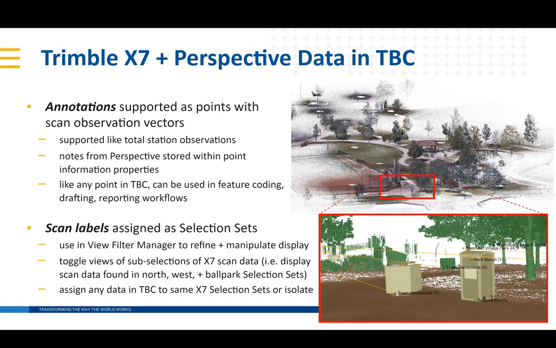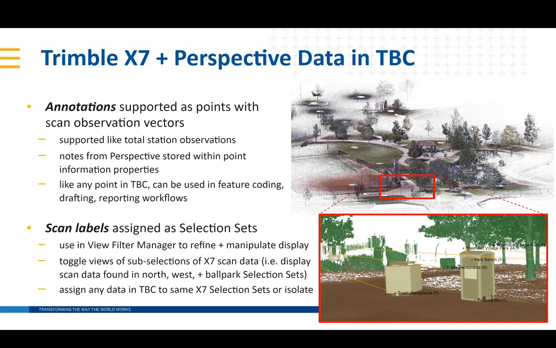Each one of these station setups in the field can have one or more scan labels. So that really allows you to do some overlap in terms of what you want to see. If you want to geographically denote, yep, this is in the northern part of the project, but I'm on that baseball diamond there, or this is in the northern part of the project, but I'm by the trash receptacles.